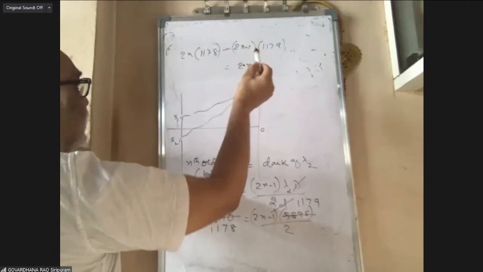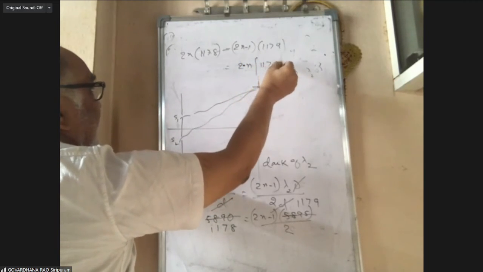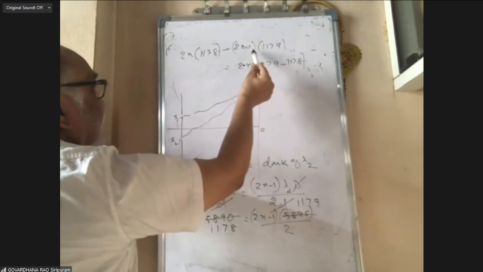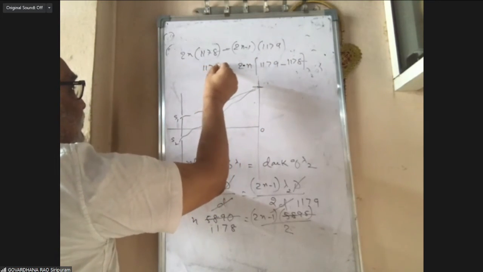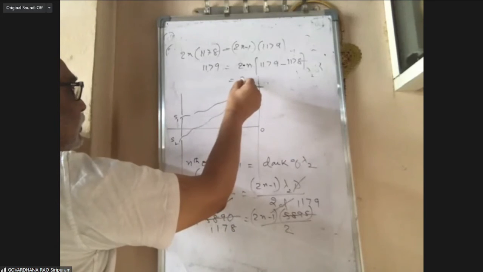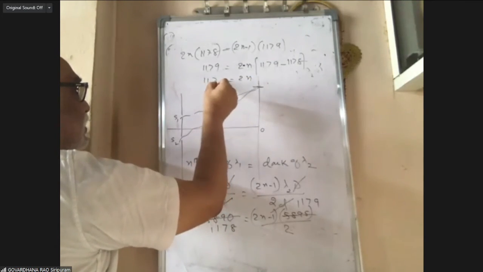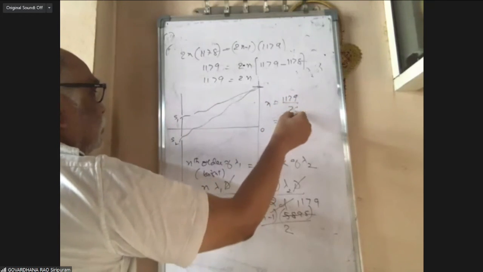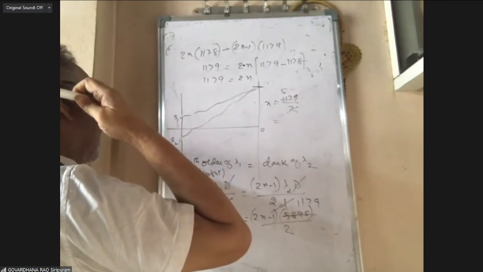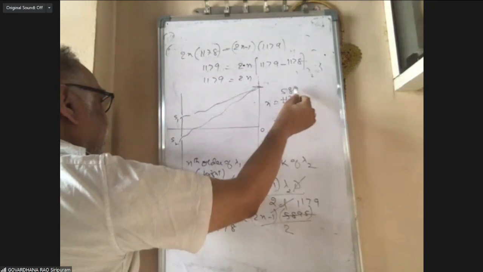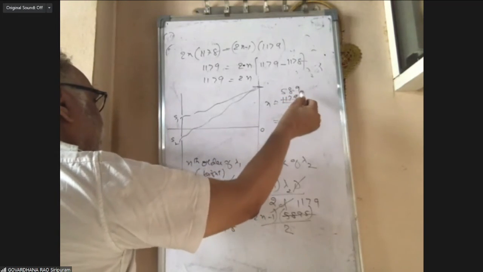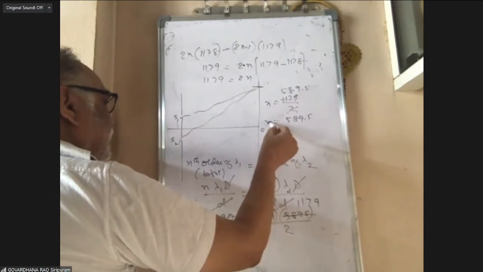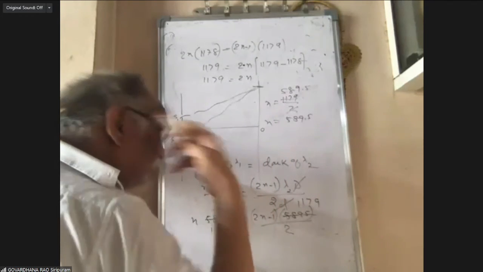So 2n equals 1179 minus 1178... that is, 2n equal to 1179, so n equals 1179 by 2, which is 589.5. If this is dark, then bright is 589.